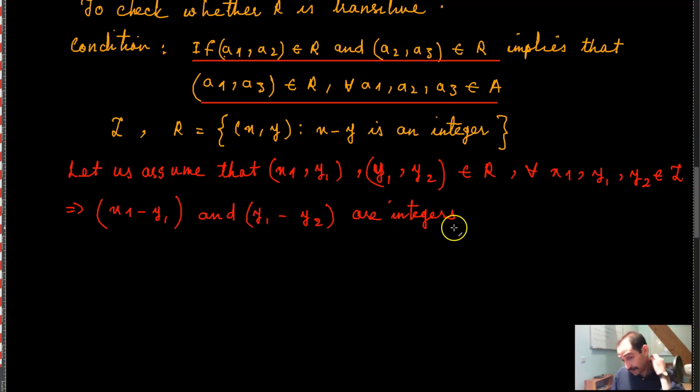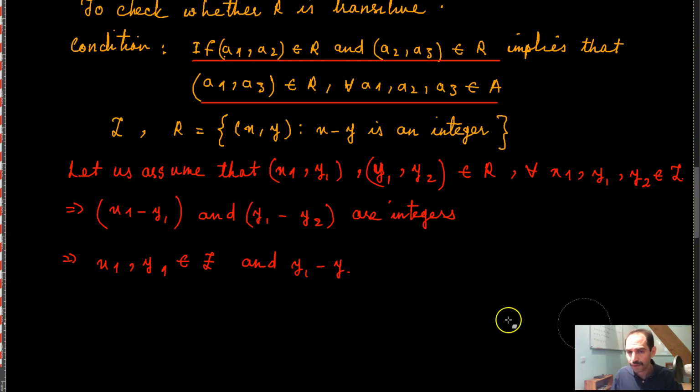Which means that this part alone implies that x1 and y1 belong to the set of integers, and this part means that y1 and y2 belong to the set of integers. So that means that x1 and y2 belong to the set of integers.